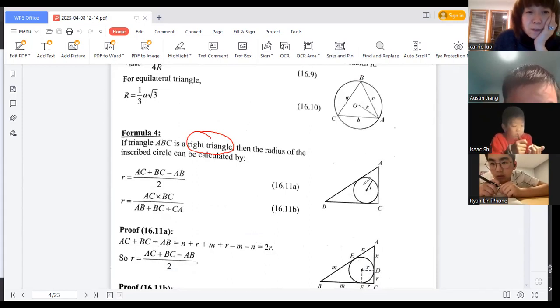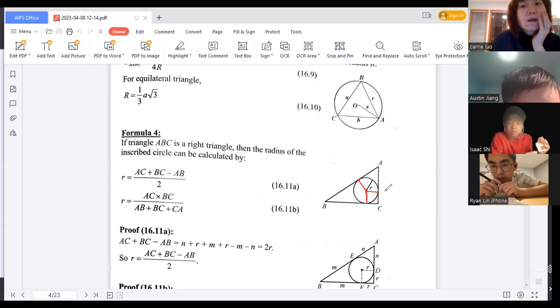Also, this circle must be inscribed, Isaac. If the circle floats in the middle, it doesn't work. Inscribed means the circle only touches the triangle at 3 points, and each radius is perpendicular to them.